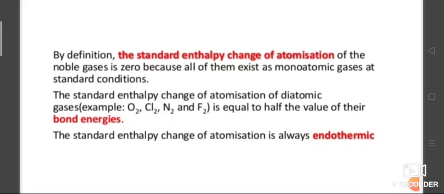But if a monatomic element is present in its elemental state as a solid, then it will be converted into the gaseous state, and then we will have an enthalpy change of atomization. Standard enthalpy change of atomization is always endothermic because it absorbs energy, so the enthalpy change is denoted by a positive sign.